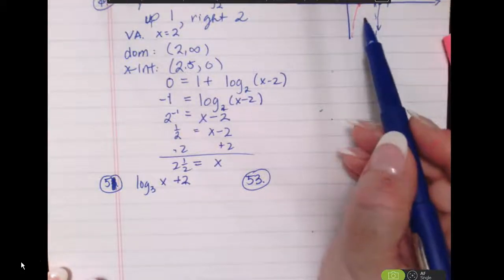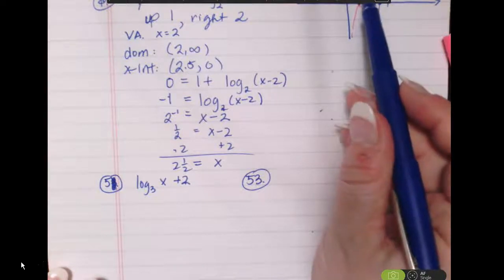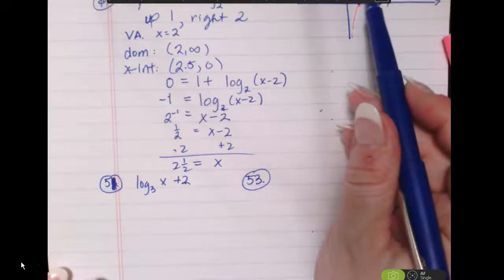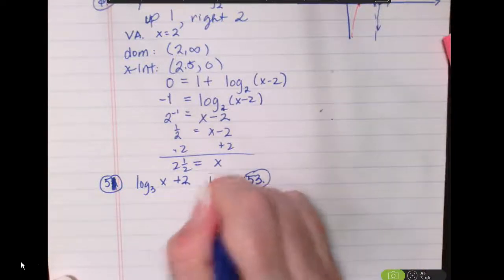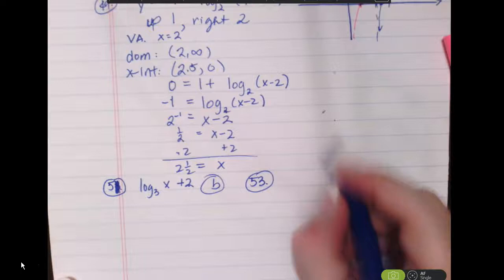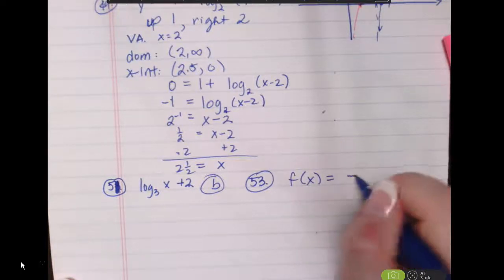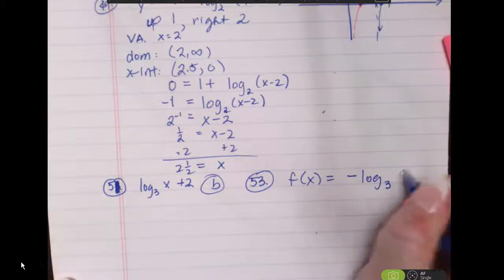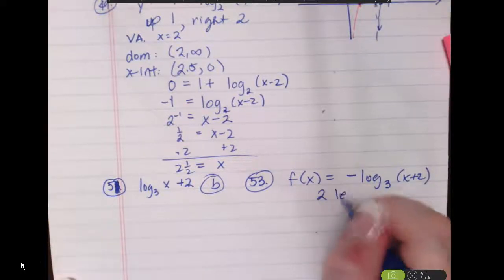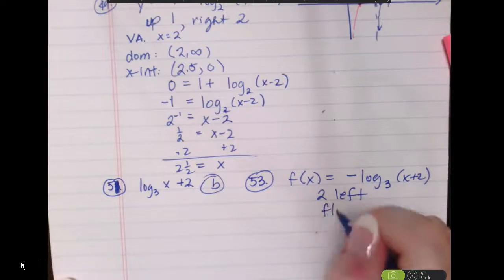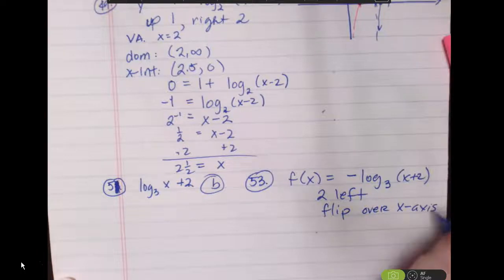Looking back at the parent function, just going up 2, I should still have an asymptote at 0, so that's going to be choice B. And then in 53, I've got f of x equals negative log base 3 of x plus 2. So I've got 2 to the left and a flip over the x-axis.